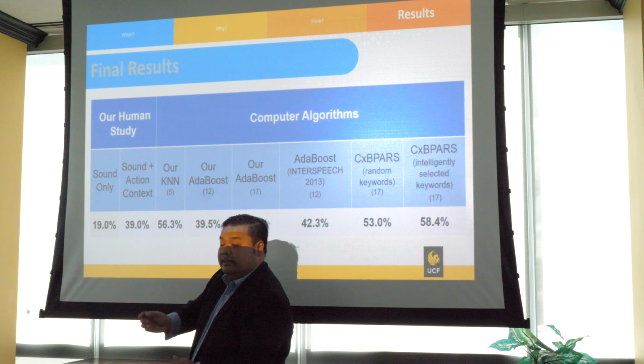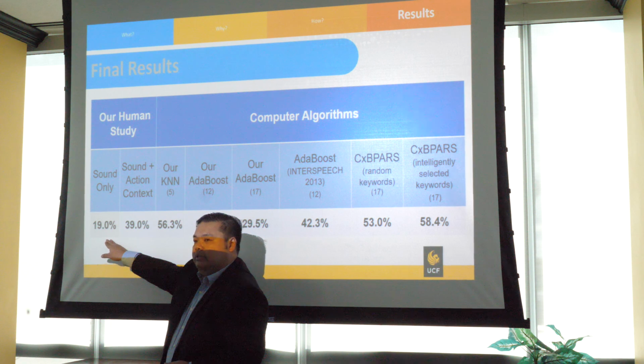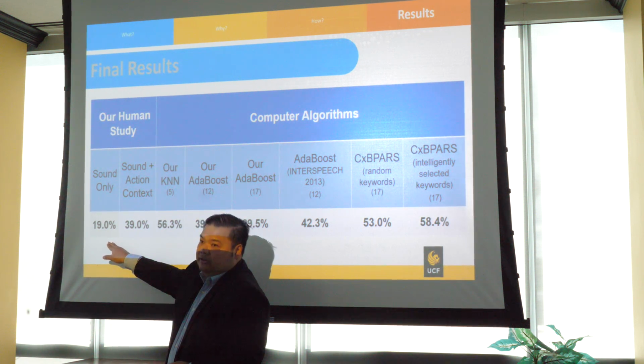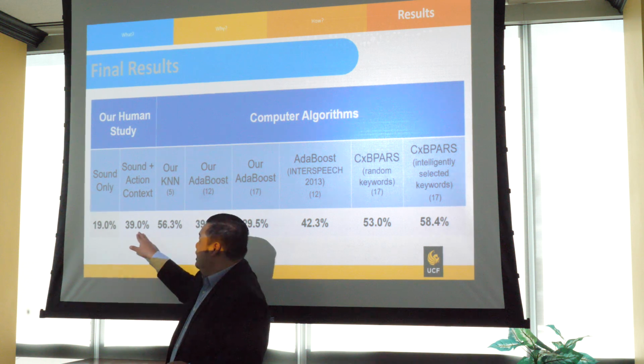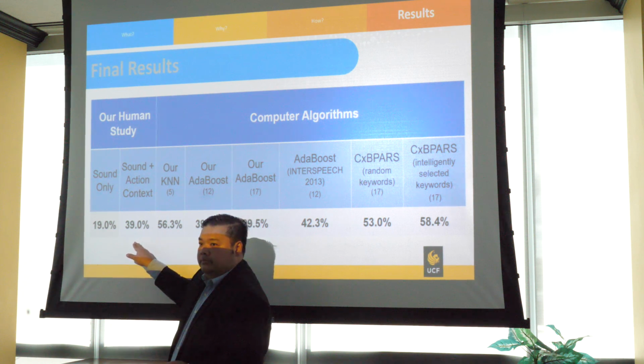And in the second step, we gave another piece of information. Using the sound only, humans were able to recognize emotions with 90% accuracy, which is not high. That's the problem humans have, and it's been confirmed by so much research on how accurately humans can predict emotions. When we combine the sound and action context, it went up to 39%.